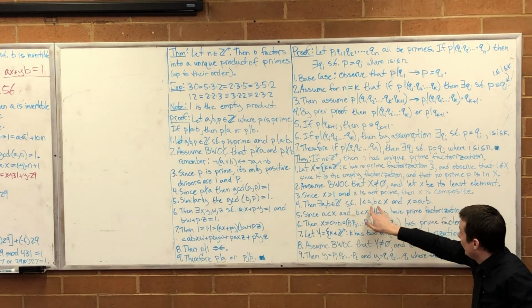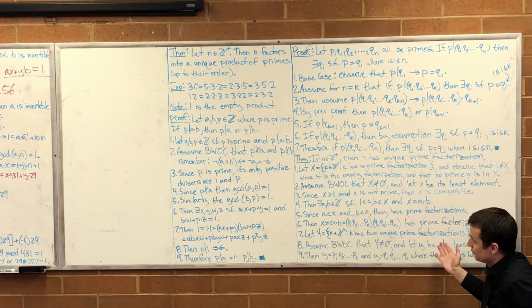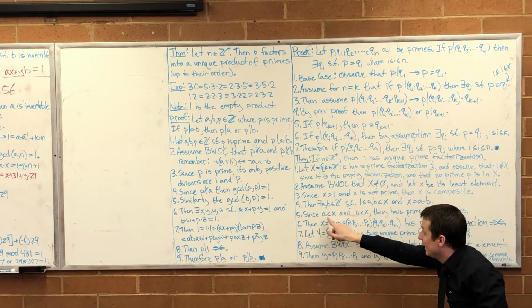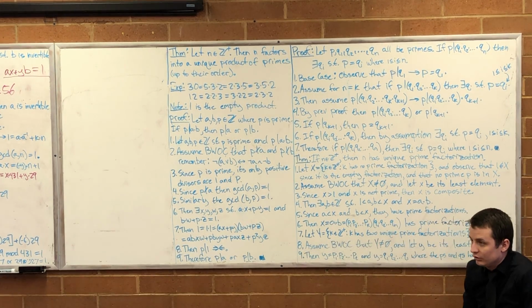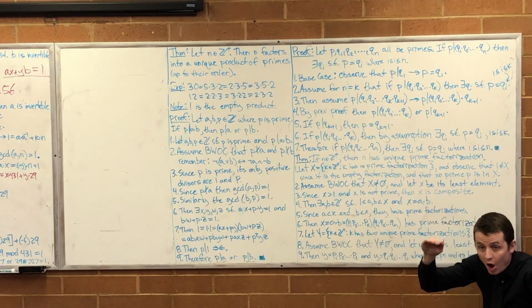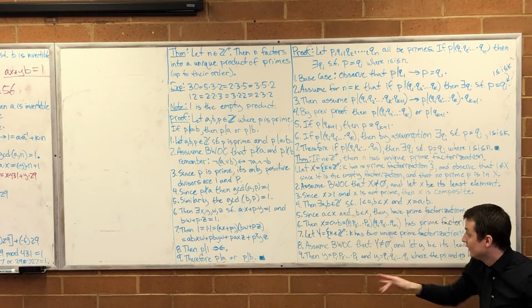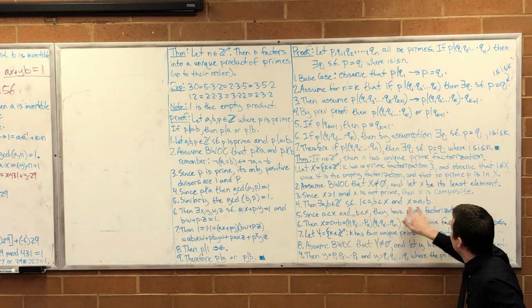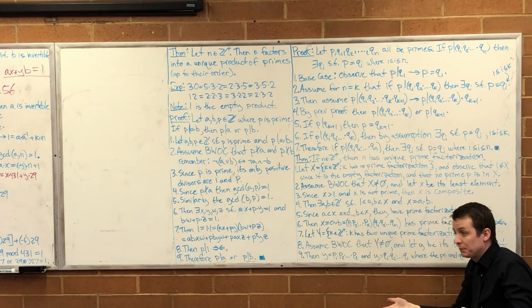So a and b are two integers such that when I multiply them together, I get x. Since a is less than x and b is less than x, they have a prime factorization. What is little x? Little x is the smallest number that doesn't have a prime factorization. a and b are numbers smaller than x, therefore they do have a prime factorization.